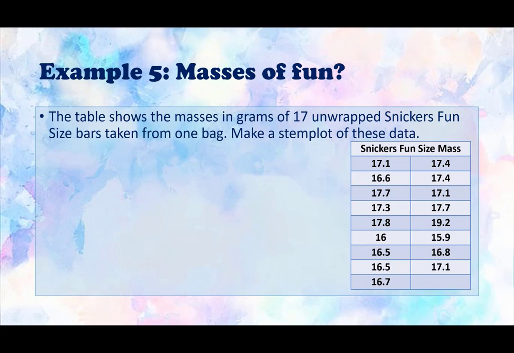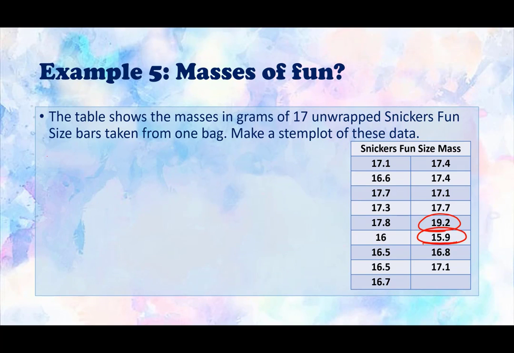So let's see if we can do an example. The table shows the masses in grams of 17 unwrapped Snickers fun size bars taken from one bag. I want to make a stem plot of this data. I'm going to create a stem plot that starts at 15.9 and ends at 19.2, because those are the smallest and largest values we have here.